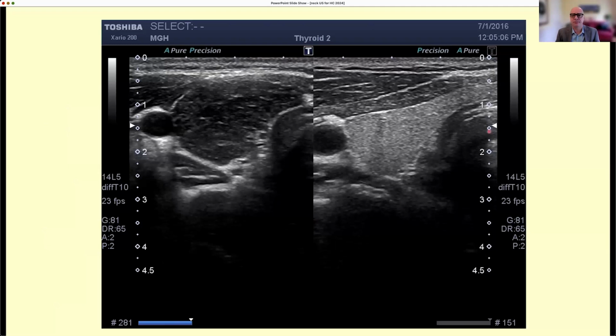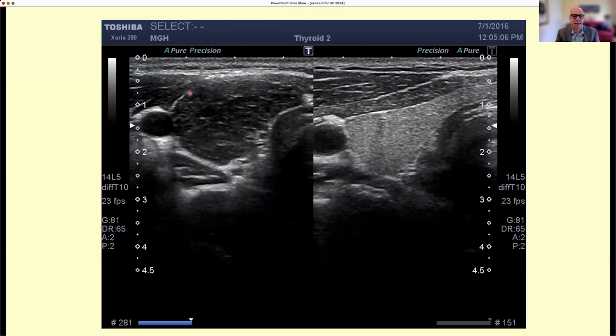So here is a comparison of a normal thyroid here, and you see again the very nice gray texture, and you see the distinction with the strap muscle in front. And here you see a thyroid that is enlarged.